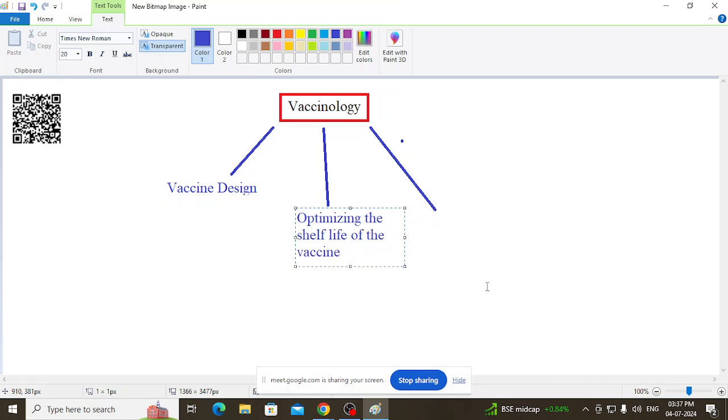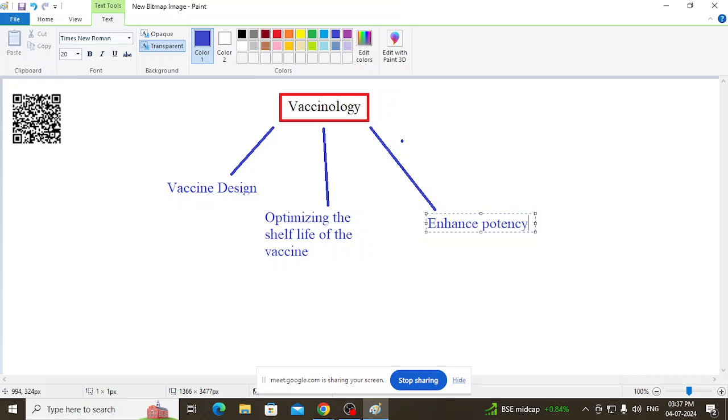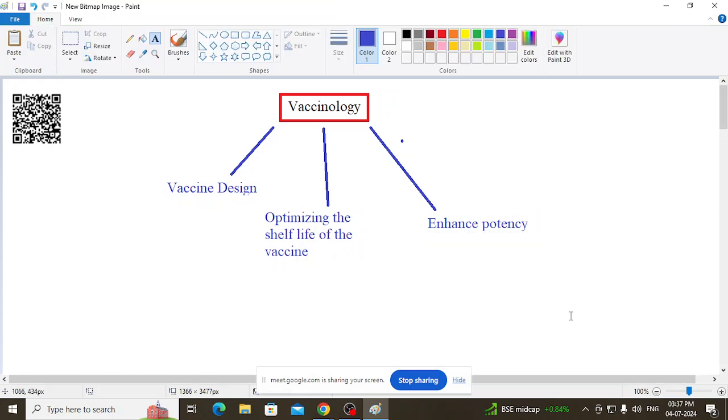And the other thing that we are interested in is to enhance potency. Okay, so these are the things we essentially talk about when we are talking about vaccinology. I am audible, right?